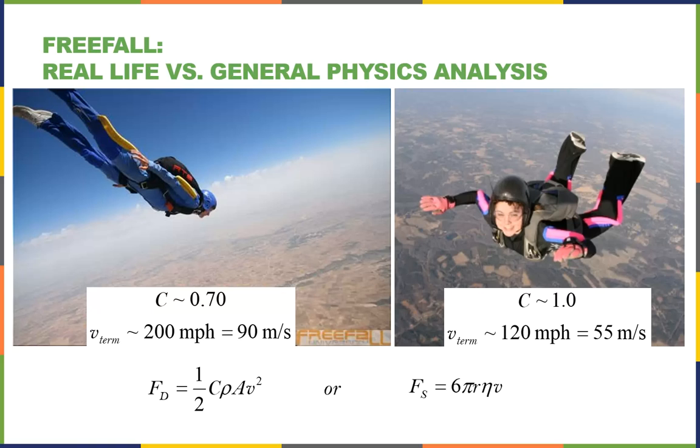Air resistance. I have two equations here for air resistance. The one on the left is called the drag force, and the drag force is the force you get when you have a turbulent flow. That drag force is dependent on speed squared. So turbulent flow, what does that mean?